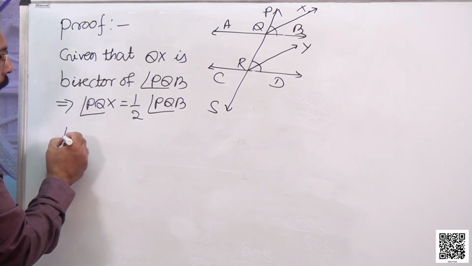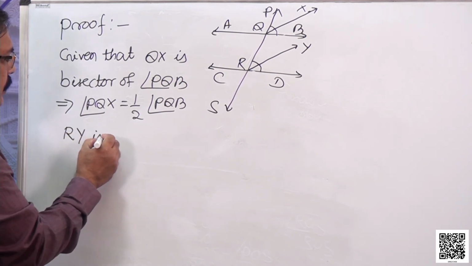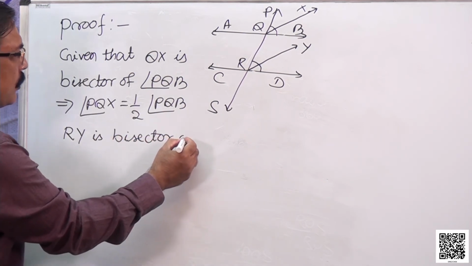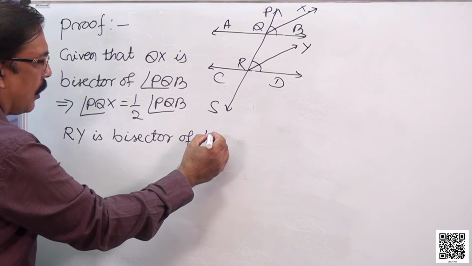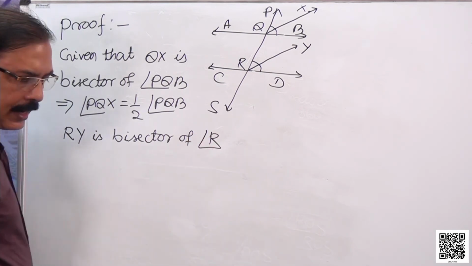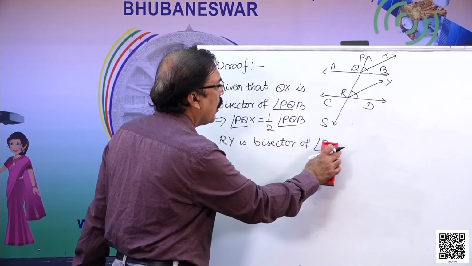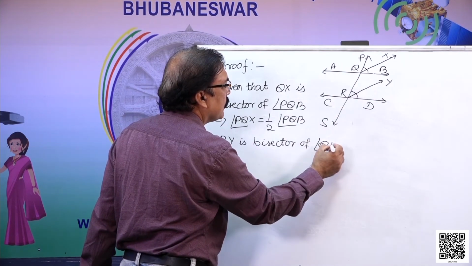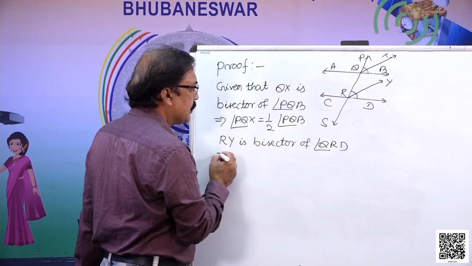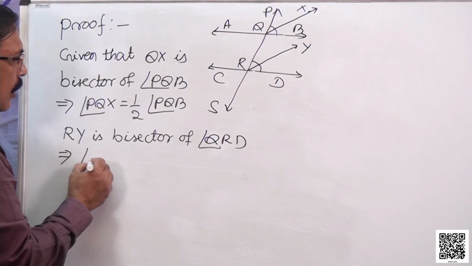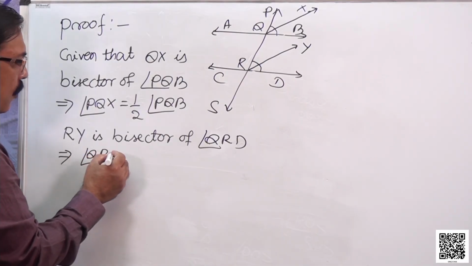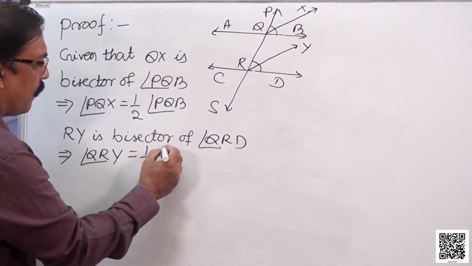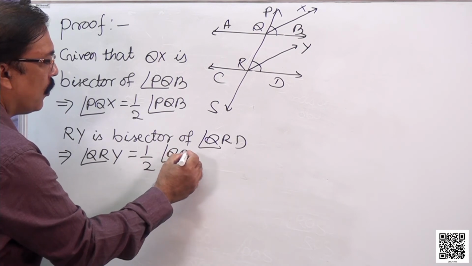Similarly, RY is the bisector of angle QRD. This implies angle QRY is equal to half of angle QRD.